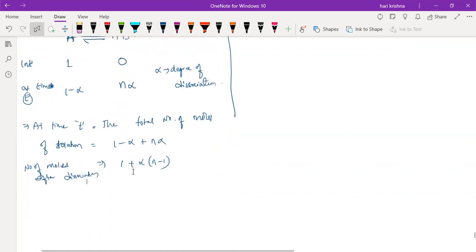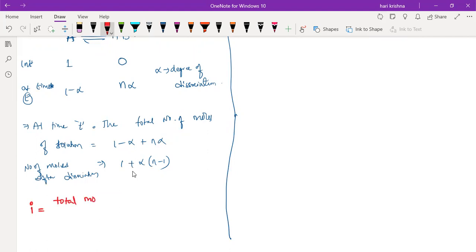So I said van't Hoff factor before. That i formula, the van't Hoff factor, is equal to total moles after dissociation by total moles before dissociation.